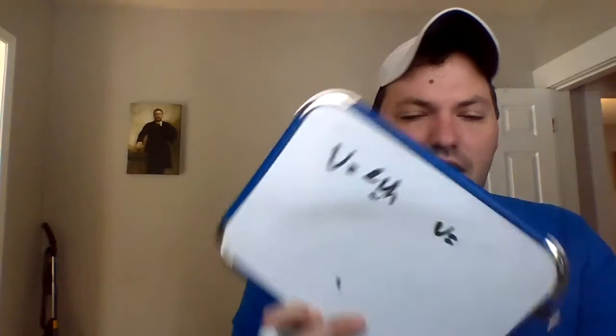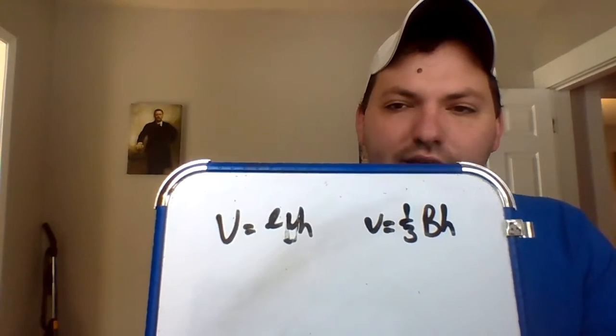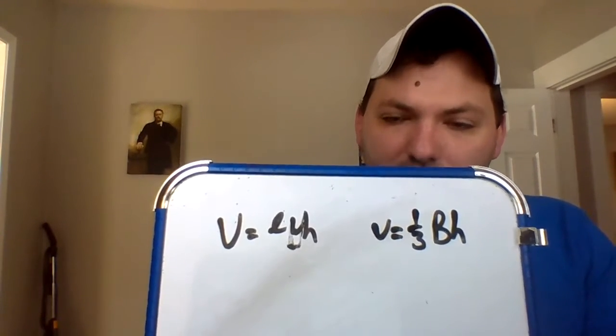The prism will simply have length times width times height. The other one will have 1/3 big B times H, which is 1/3 times the area of the base times the height. So we plug in our numbers then, and we've got 8, 8, and 8, or 8 cubed.